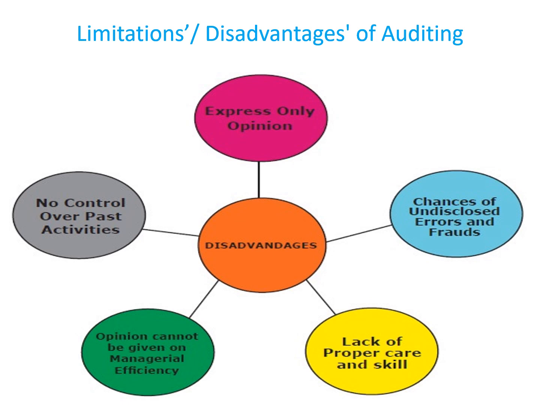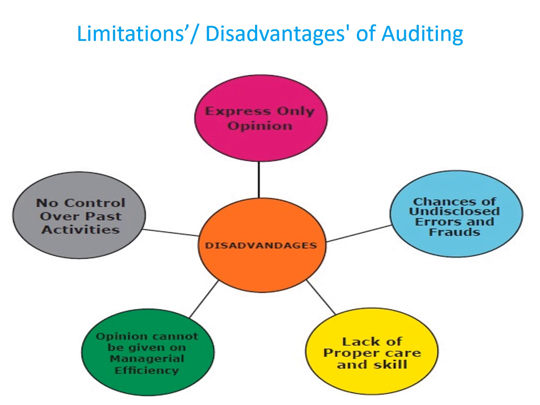The first limitation or disadvantage of auditing is that the auditor has the right to express his opinions only. He only suggests the good points for our improvement, but he has no right other than suggestions or opinions.